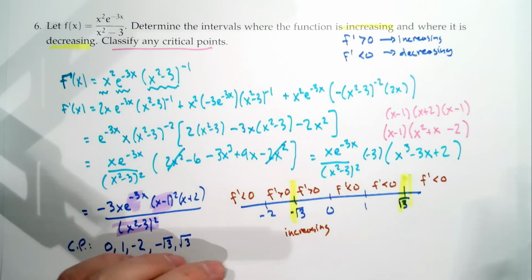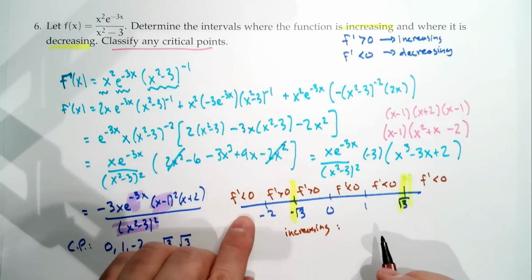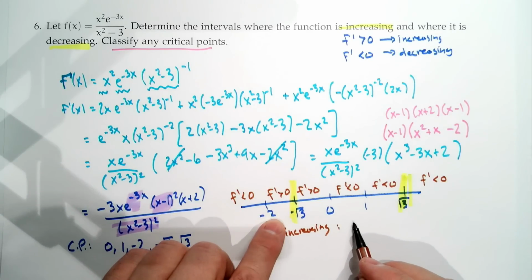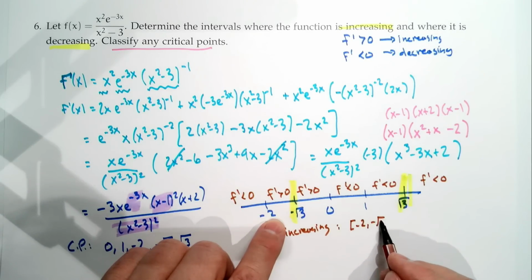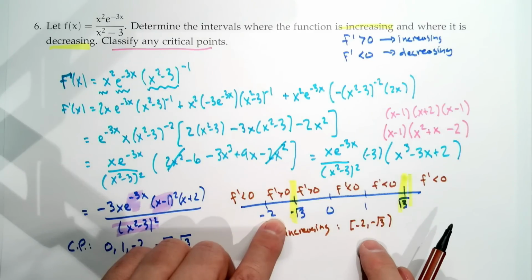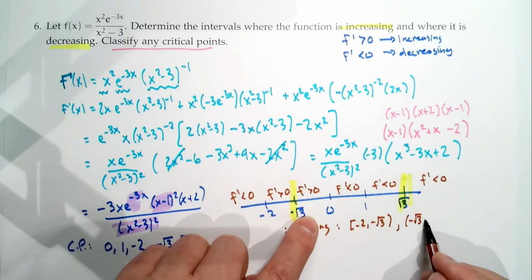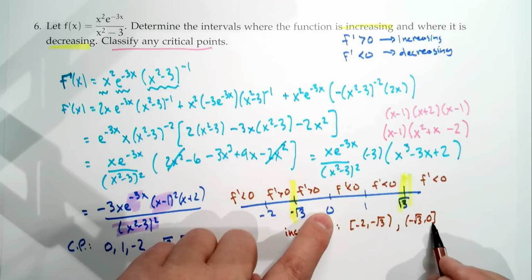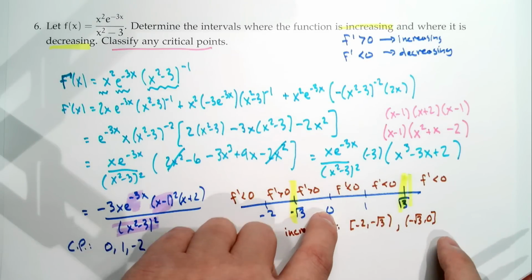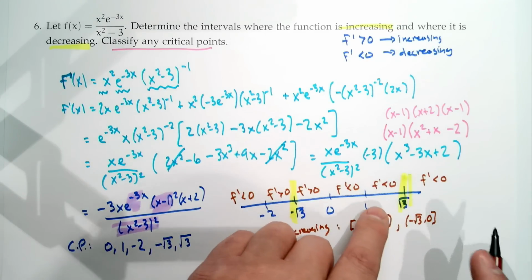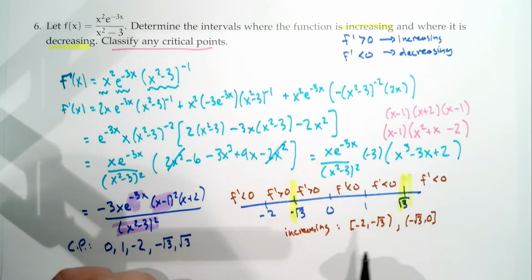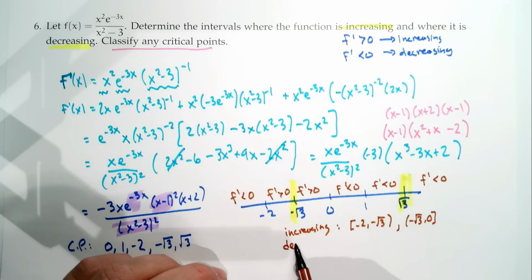So increasing from where? From negative 2 up to negative root 3, and I don't include negative root 3 because it's not part of the function, comma, negative root 3 to 0. And again, don't worry about the endpoints. If you want to be safe, just don't include endpoints, and then everything's fine after that.